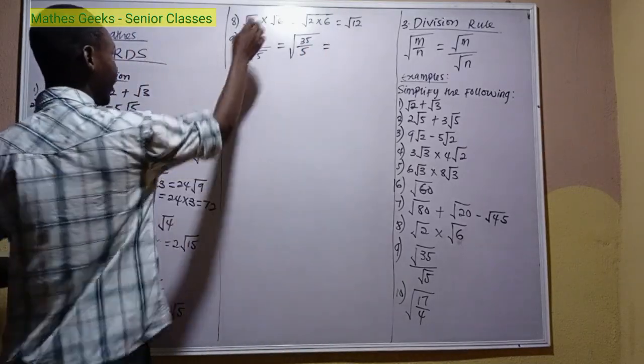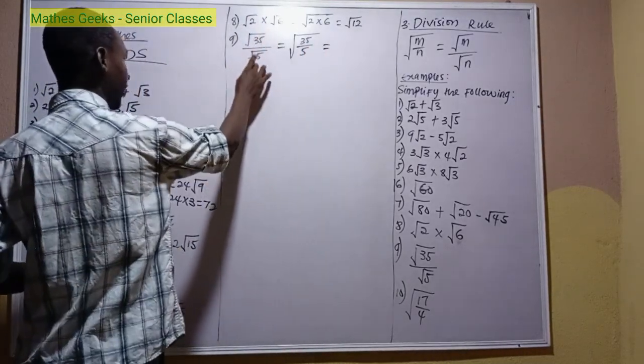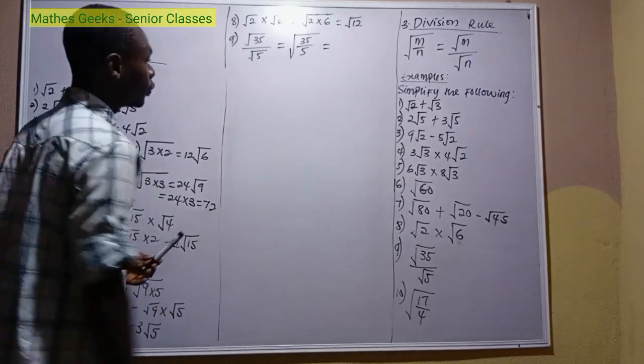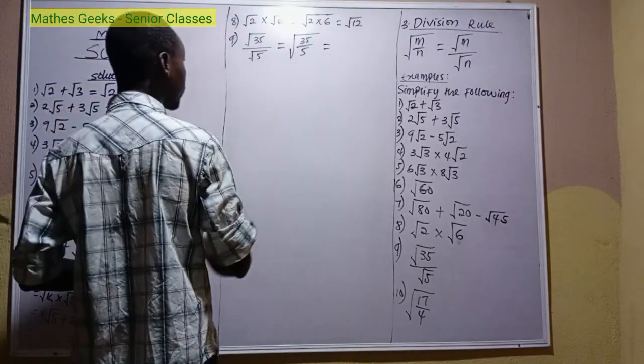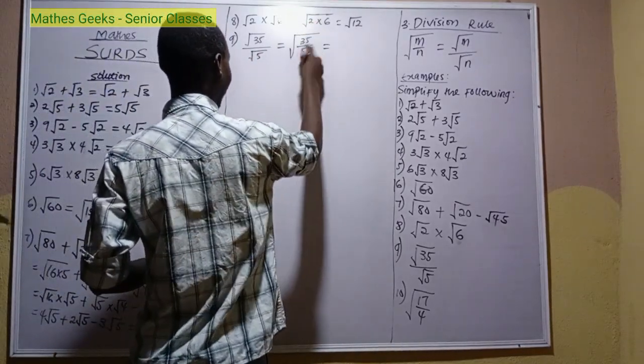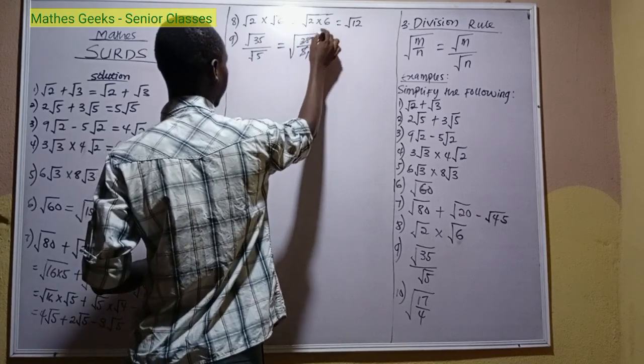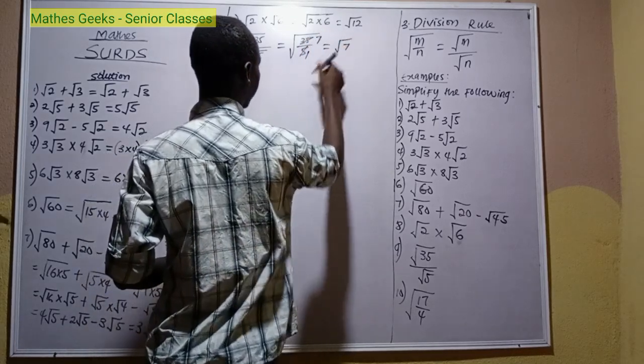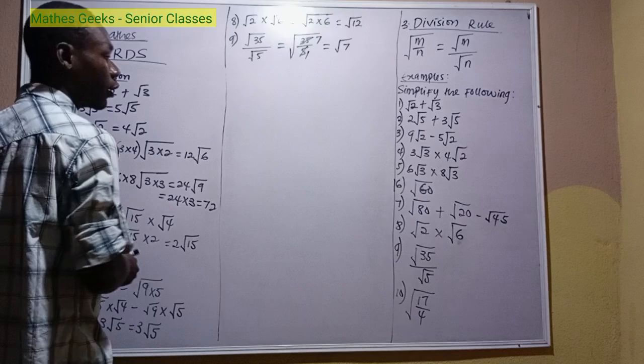Why? Because we can't get the exact value for root 35, we can't get the exact value for root 5. So root 35 over 5, 35 over 5 is 7. This is equal to root 7 as the answer.